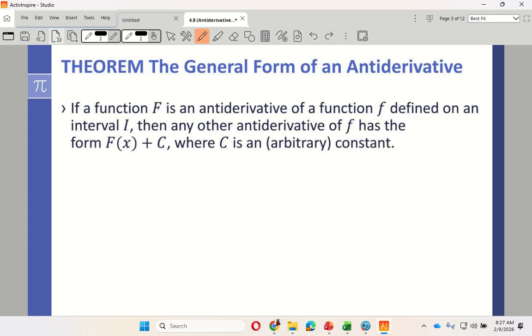All right, if function F is the antiderivative of f, and f is defined on an interval I, then any other antiderivative of f has the form of capital F plus c, where c is an arbitrary constant. Now, where in the hell did I get that? Watch this.